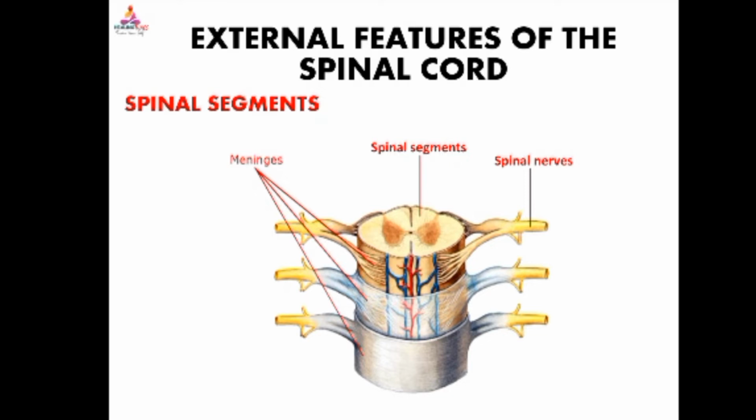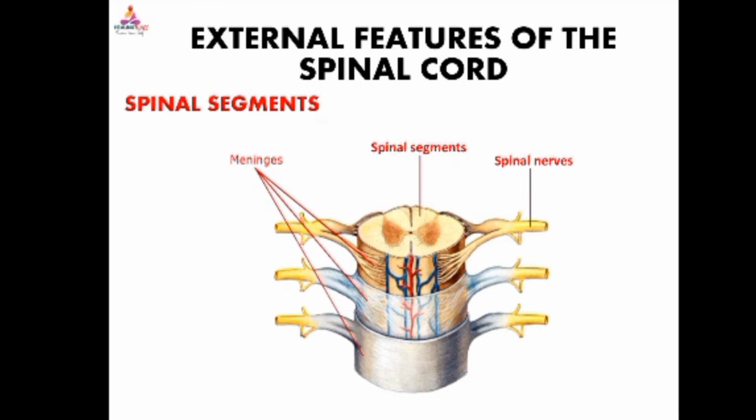Spinal segments. Like the vertebral column, the spinal cord is also segmented, though the segments are not visible externally. The part of the spinal cord to which a pair of spinal nerves, right and left, is attached is known as a spinal segment.